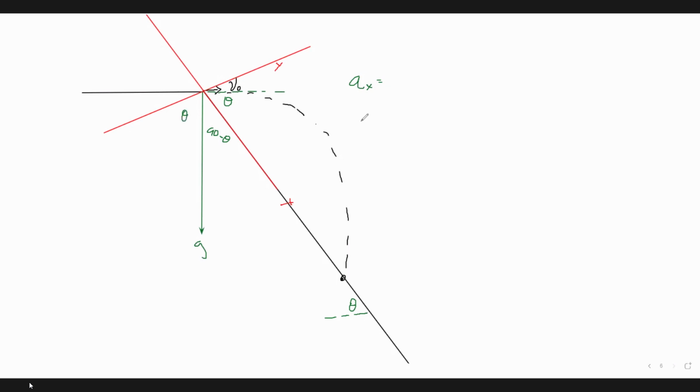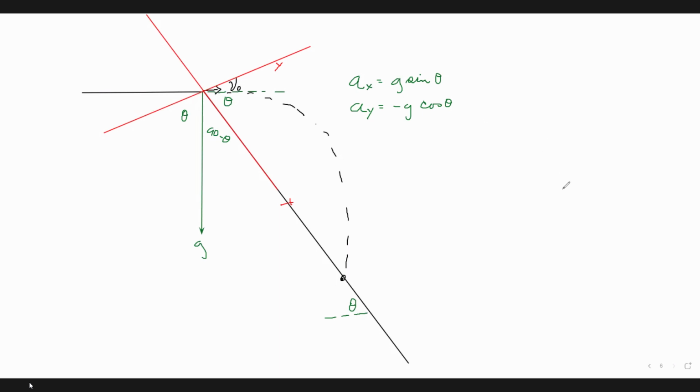Okay, so a sub x is going to be g times the cosine of 90 minus theta, which is g times the sine of theta. Now, the acceleration in the y direction is equal to minus g cosine theta. Now, the minus sign had to be put in ad hoc because g points in that direction along the y-axis. But its magnitude is g times the cosine of theta.